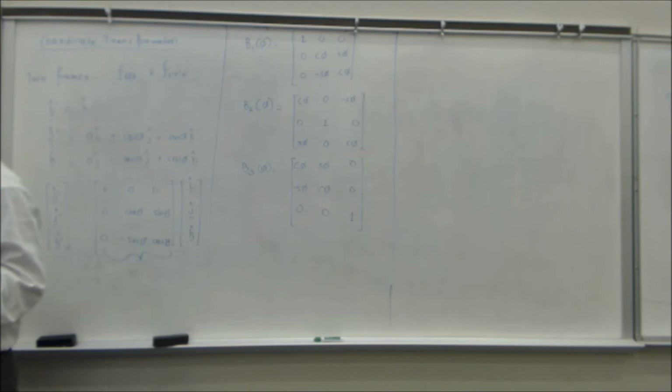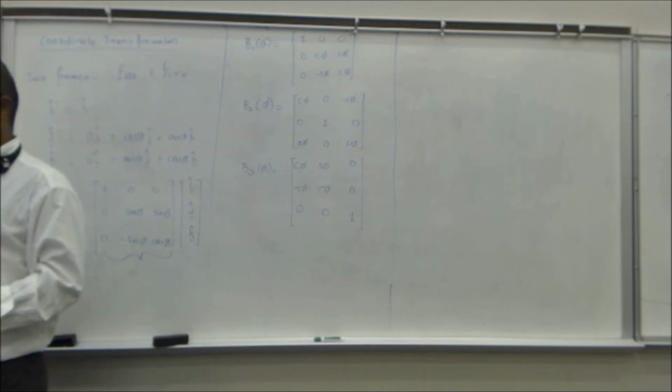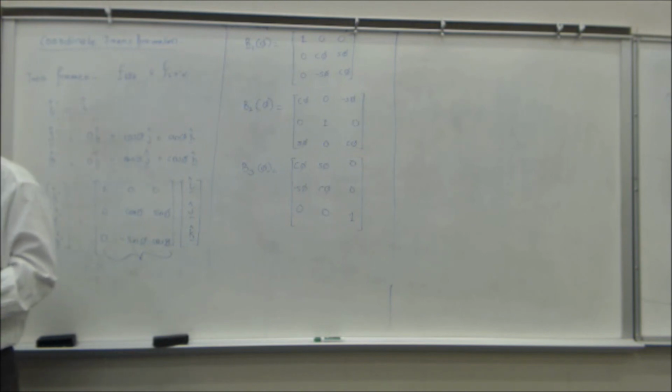Now take a look at this. This is a complex rotation. You see? Focus on this for a while. The initial coordinate frame here is x, y, and z.